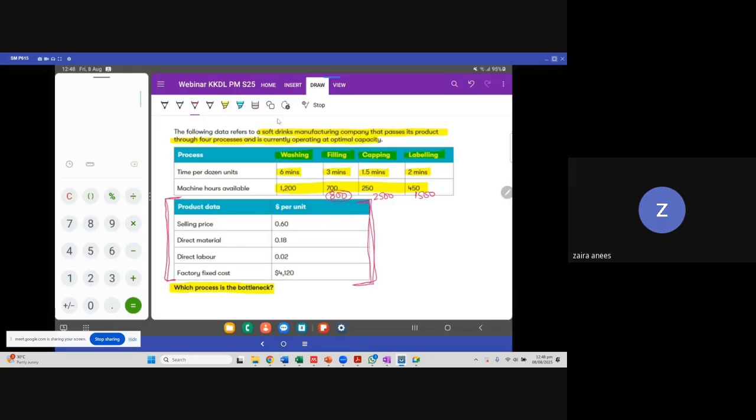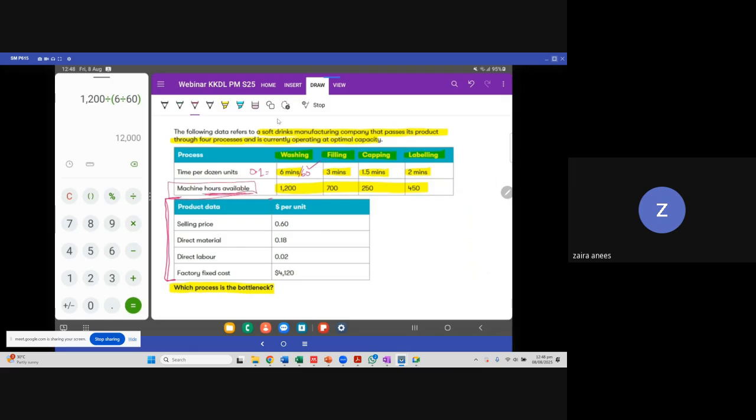So now what we are supposed to do is calculate the output which each process can produce. Like in this case, 1200 divided by 6 minutes, 6 divided by 60 is 0.1 hour. So we are dividing it by the number of hours. You can also divide it with minutes. I think, no, we cannot do this. This is in hours, so we have to divide it by hours.